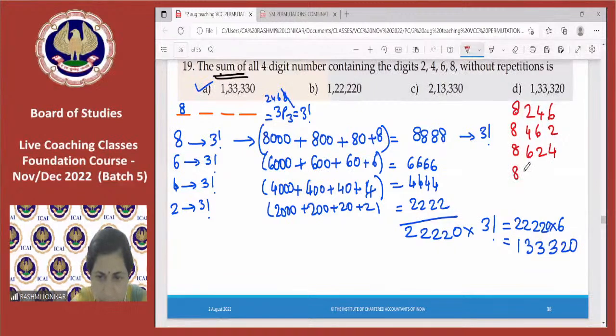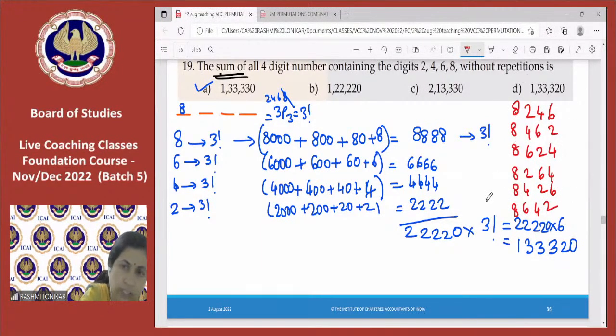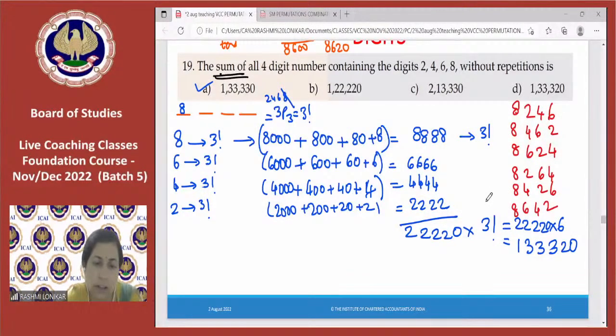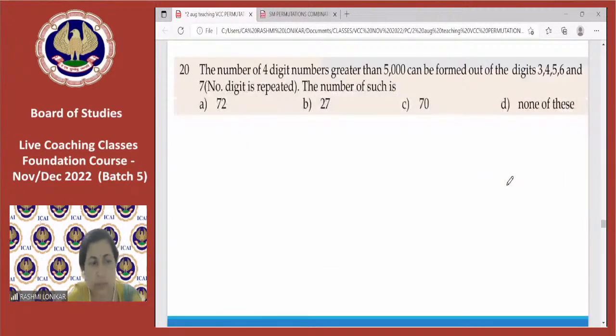I can have 8, 2, 6, 4. I can have 8, 4, 2, 6. And I can have 8, 6, 4, 2. So if I fix 8 in the first place, how many numbers do I have? 6 numbers. If I fix 6 in the thousands place, I will again have 6 numbers, and so on and so forth. And when I add these all up, I am getting this answer. Next question.